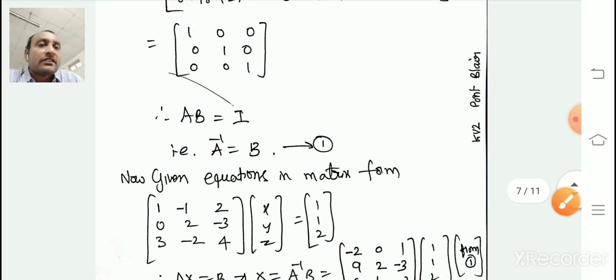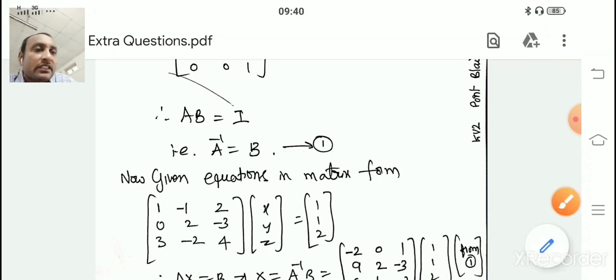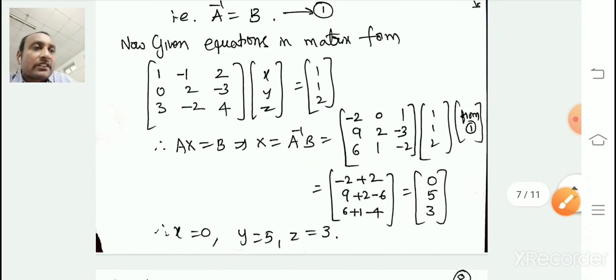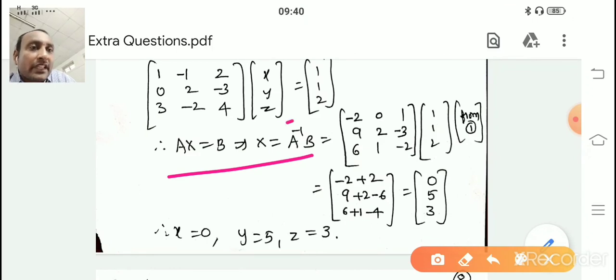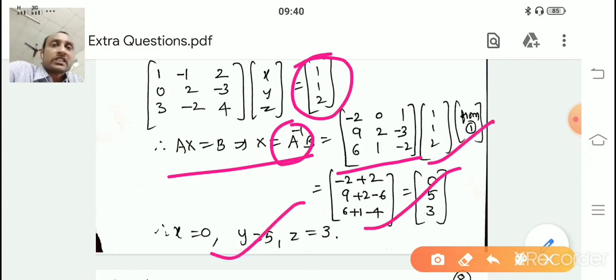So if we write in matrix form, A inverse is equal to B, which we found, then x is equal to A inverse B, and A inverse is nothing but this matrix B. Then you get 0, 5, 3, very very important. In the textbook also it was given, kindly go through it.